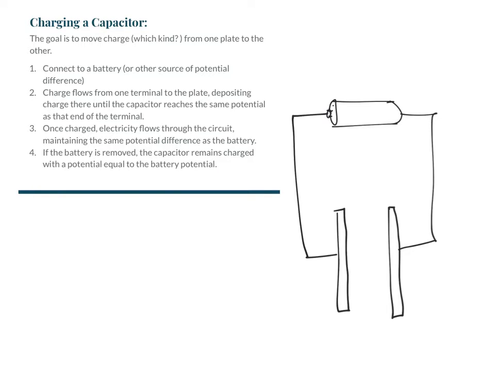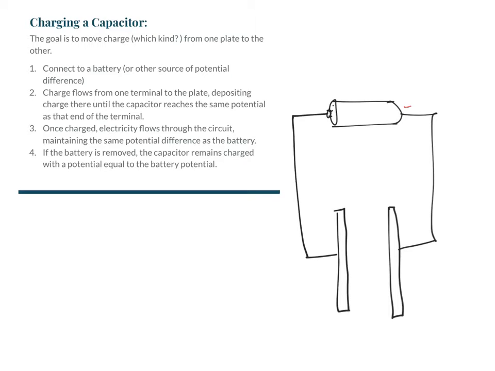And charge is going to flow from one terminal to the plate. Now, we're going to get into circuitry and the way charge flows and conventional current in circuits later. So if you know about this stuff, ignore the fact that I'm using conventions a little bit weird. We're just trying to get the idea here. So what's going to happen is that electrons, or electricity, is going to flow from the battery onto the plates.